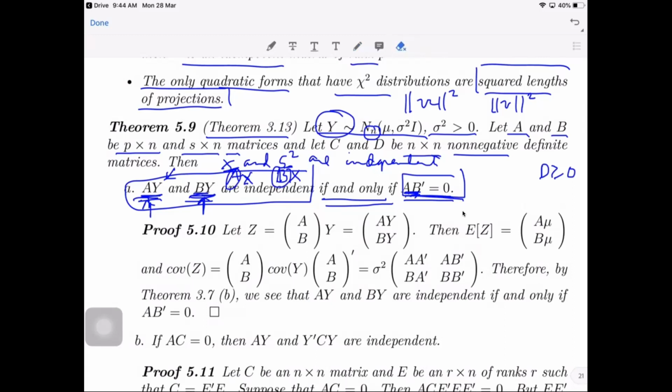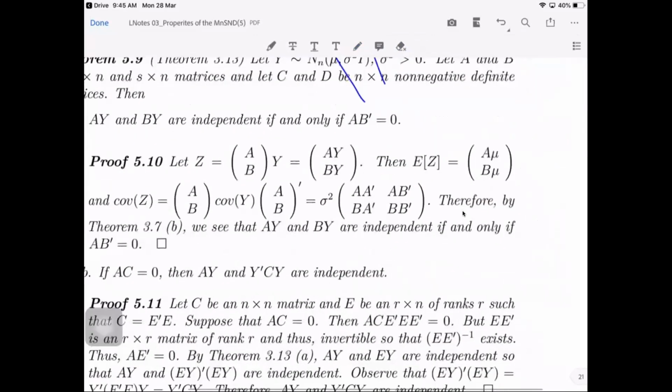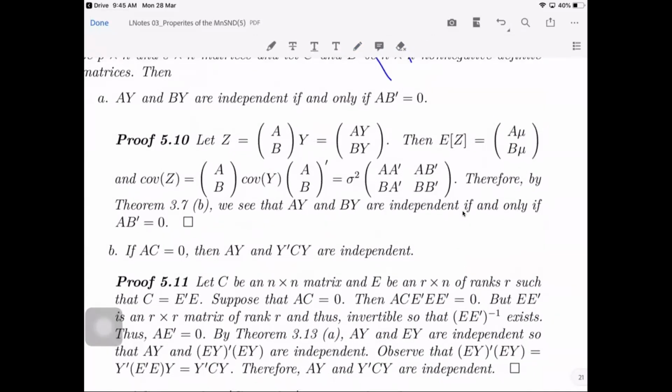So this is the importance of this theorem. For the proof, we let Z be your A Y, B Y vector or matrix.